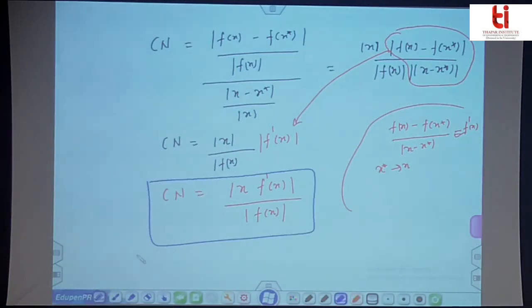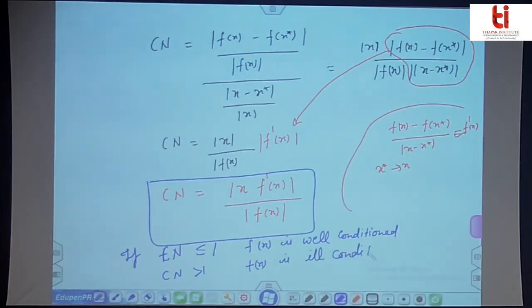If condition number Cn is less than or equal to 1, then f(x) is well conditioned. If Cn is greater than 1, f(x) is ill conditioned generally.